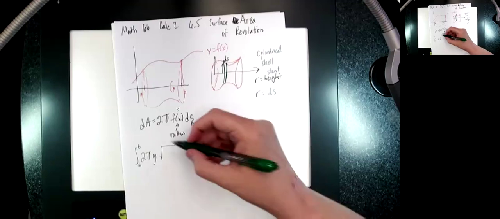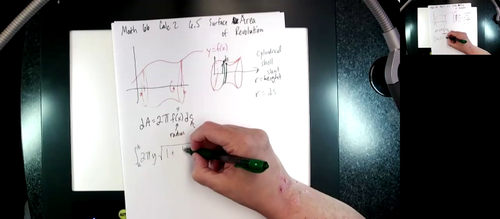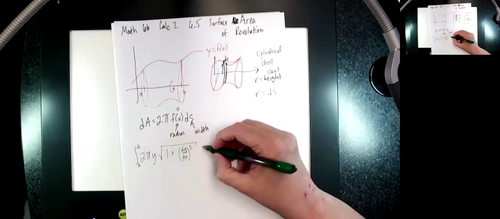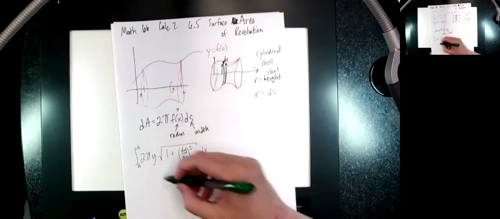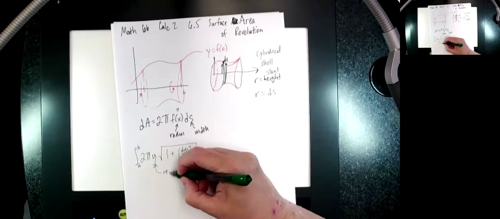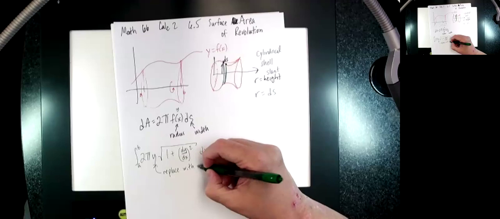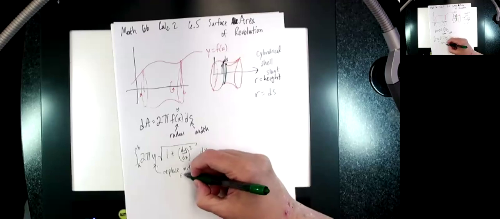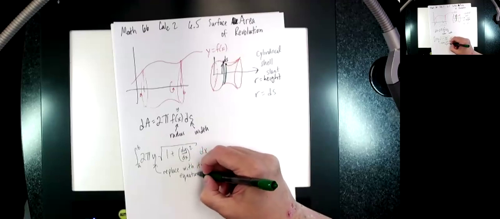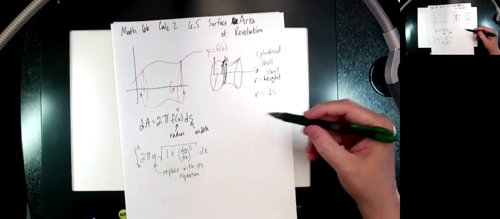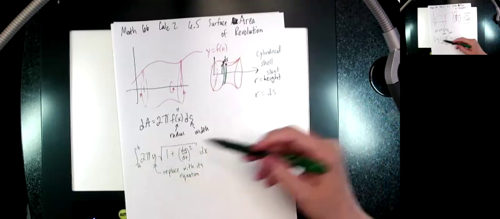And then we'll have the square root of 1 plus, since we're doing a dx here, and we'll replace this with the x or its equation. Remembering it that way makes it easier to see that that's the radius.